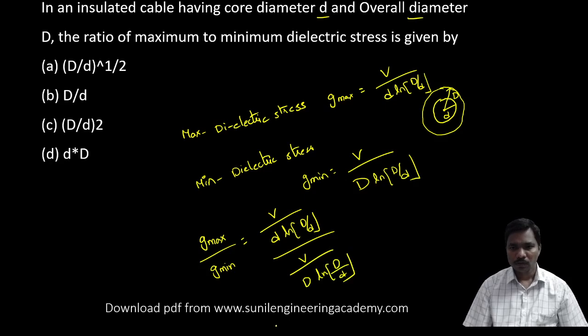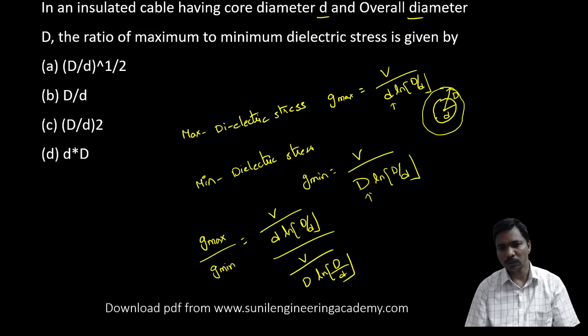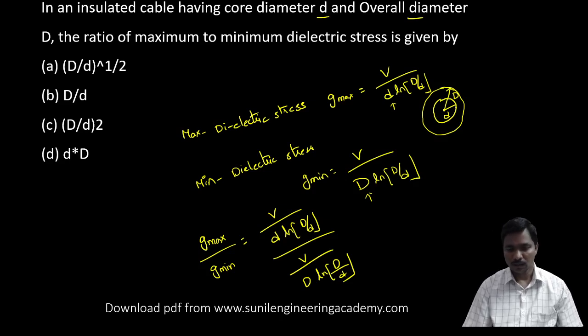So more dielectric stress is at the core, that's why I have taken small d here, and here minimum dielectric stress, so you consider the total or overall diameter. If you cancel out these two, then you will get capital D by small d, that is overall diameter by core diameter.